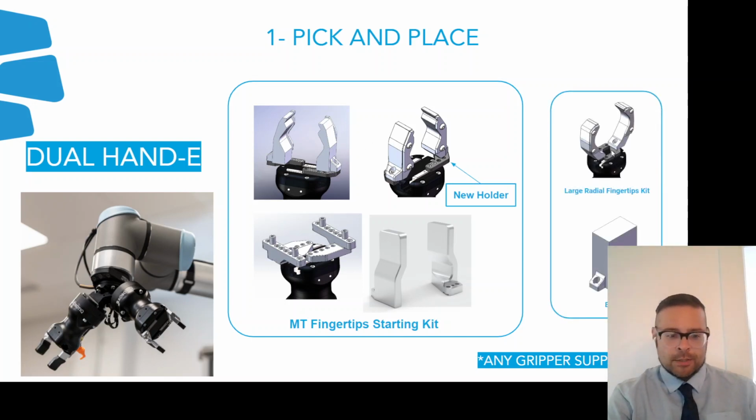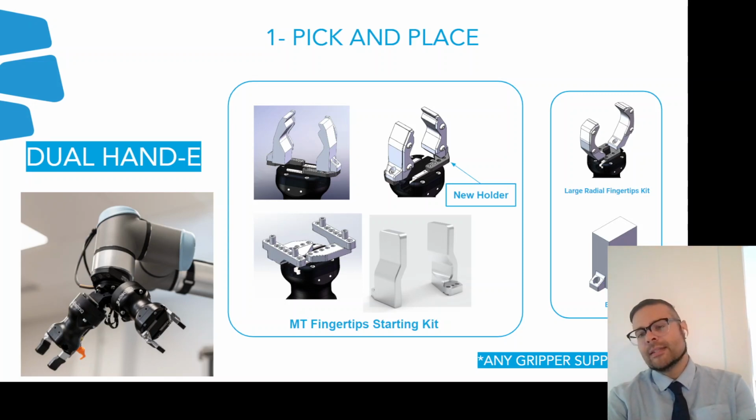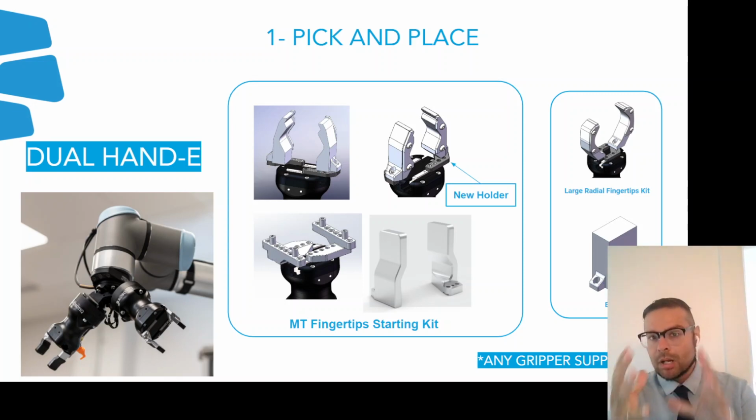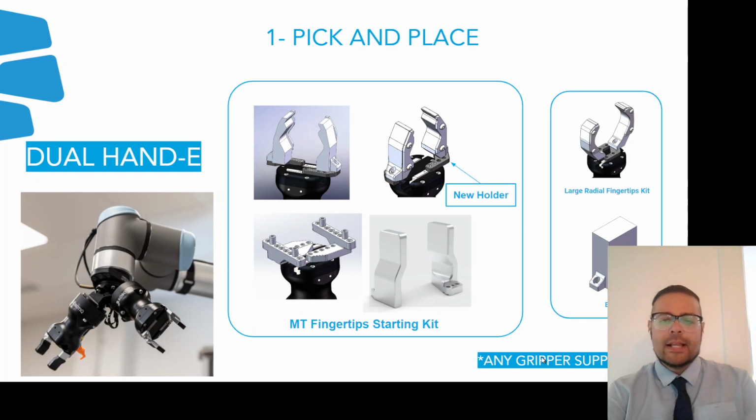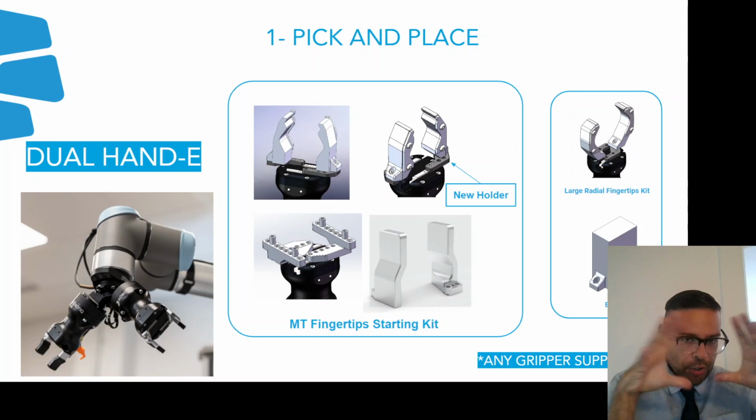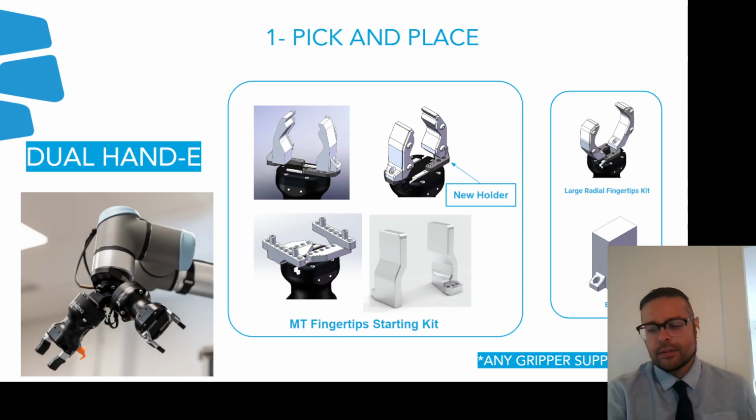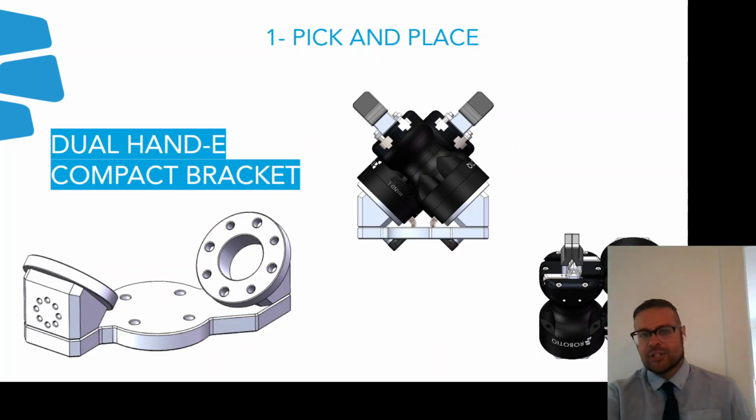There's a larger one as well, and you will also find in the kit that there's a blank block that the user can shape to their exact shape and size. And just note as a side note here that any gripper is actually supported. Okay, so any other type of gripper can be supported for that machine tending application.